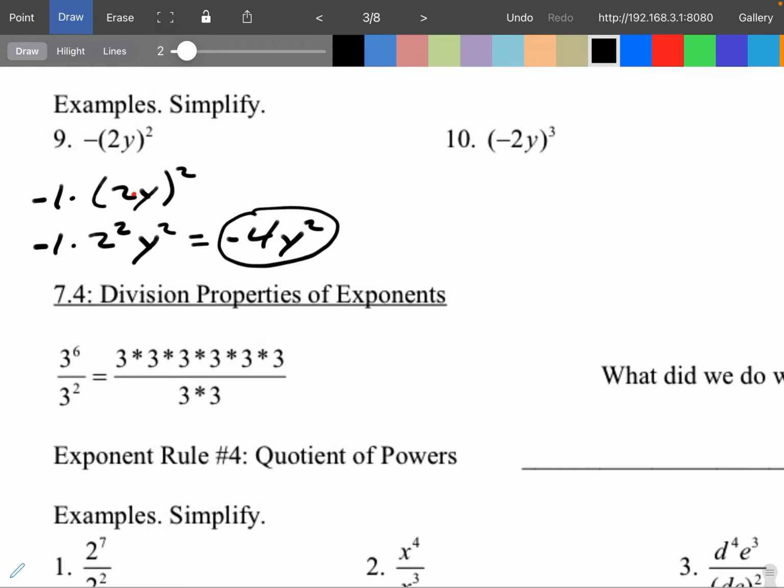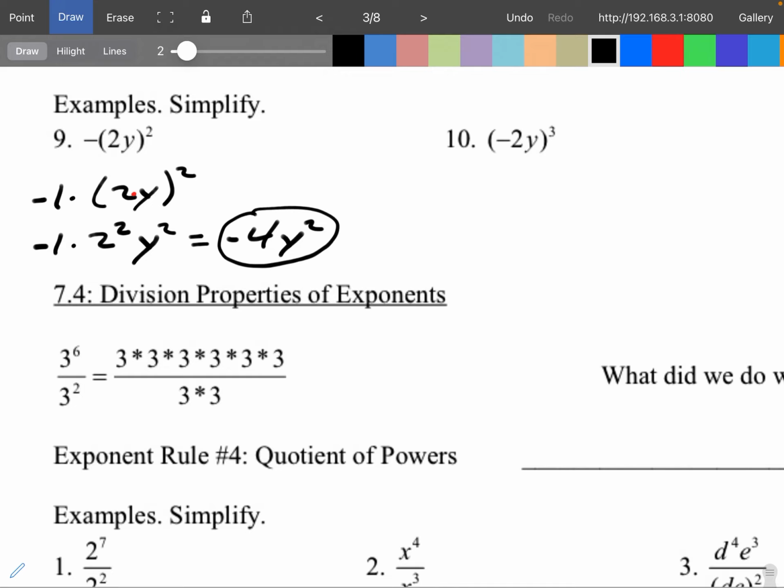Now number 10, you notice that the negative is inside the parentheses? On number 9, the negative was out in front of the parentheses, right? So you just left that in front of your answer. So on number 10, the negative is inside the parentheses. So that means that whole thing is raised to the third power.